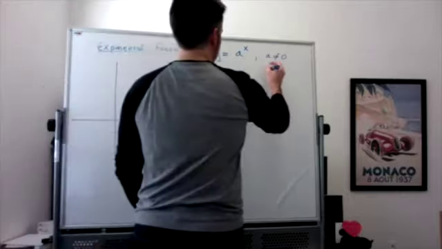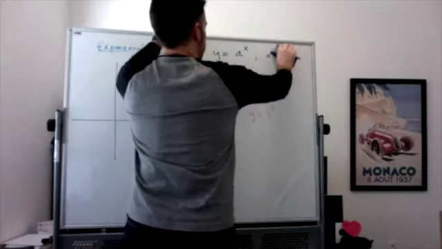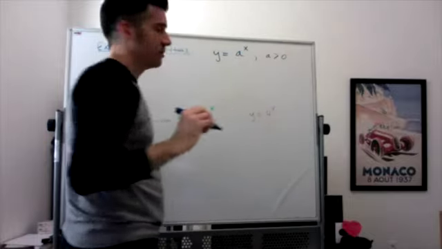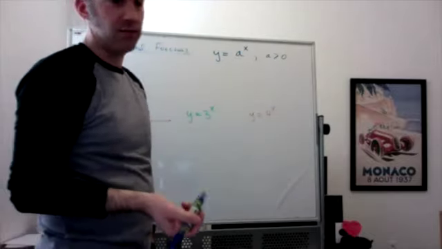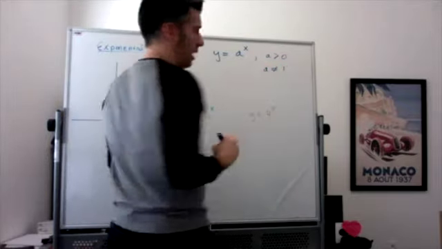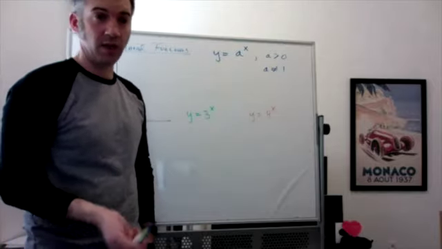We also don't want the base to be, the base should be not only not 0, it should be positive, because negative numbers are a problem. And then the base should also be not equal to 1, because 1 to any power is just 1, so it's more of a constant function than an exponential function.